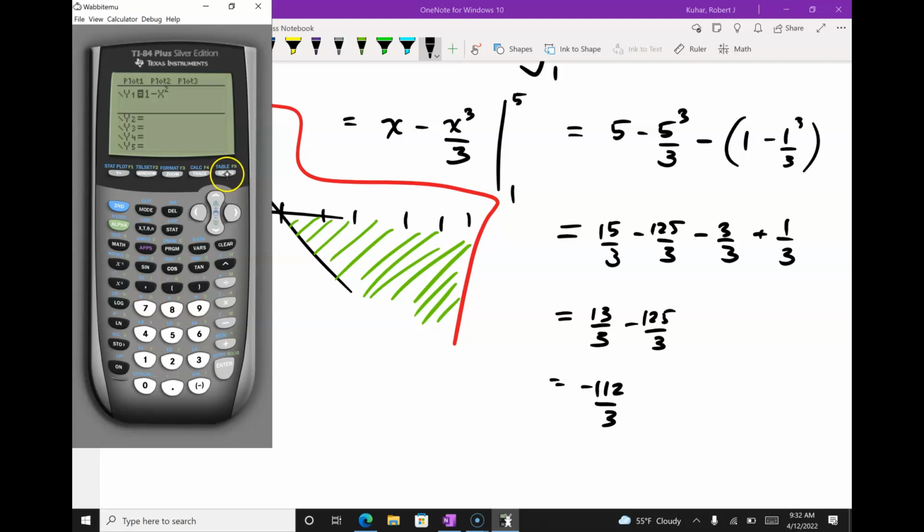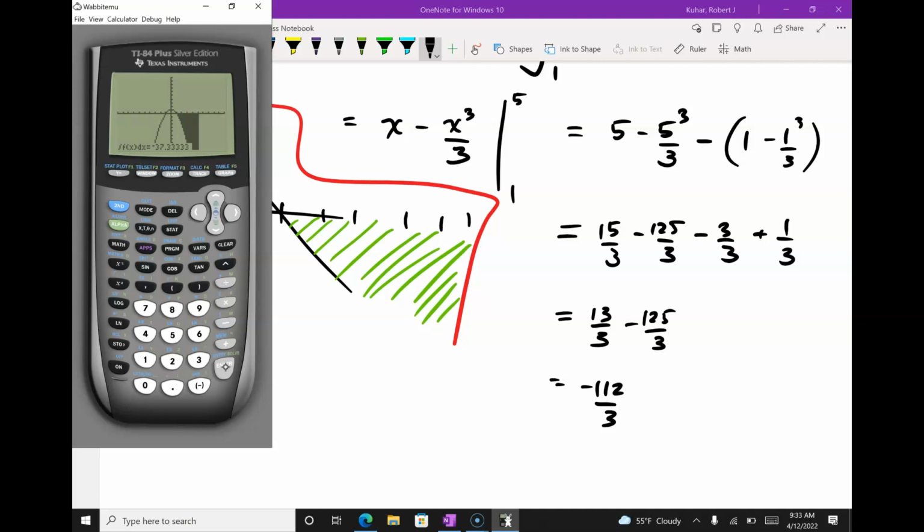But then I want a graph, and I want to make sure on my grid I can see 1 to 5. So as long as I can see 1 to 5 on the x-axis, I'm okay. If I don't, I have to make the screen wider. Then I go to second calculate 7 for the integral, put in 1 for my lower bound and 5 for my upper bound, and there's my area.